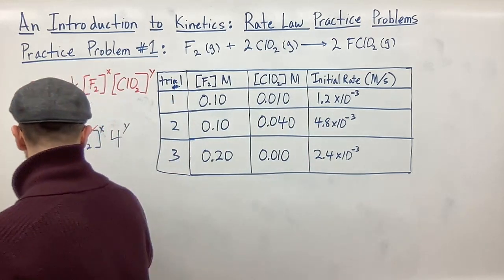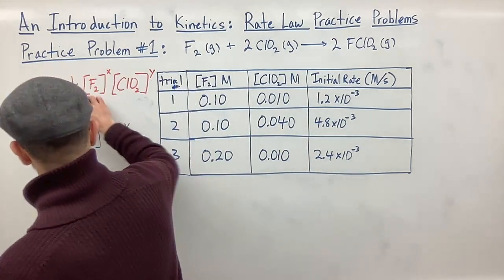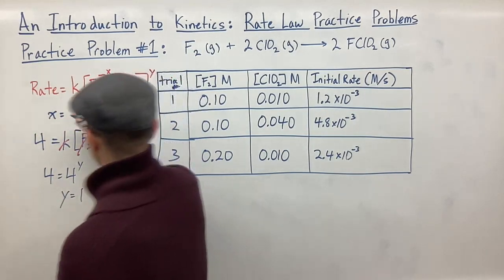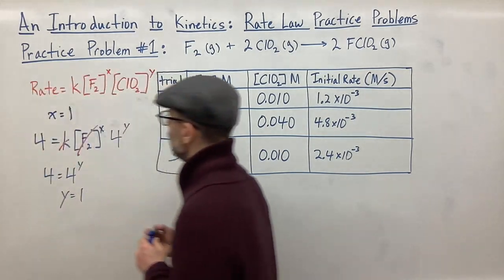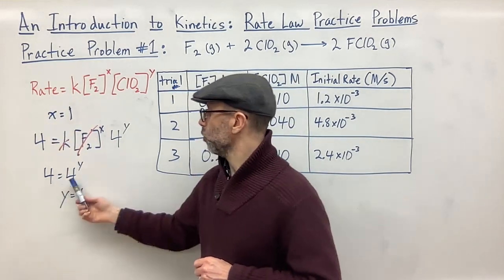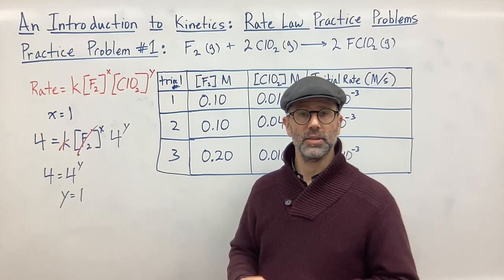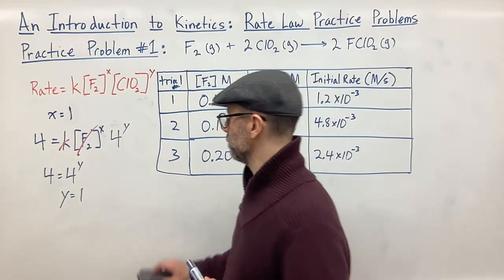So y is 1. Oops, did I say 2? That should be 1. Sorry about that. So x is 1, y is 1. So now we've figured out our exponents.